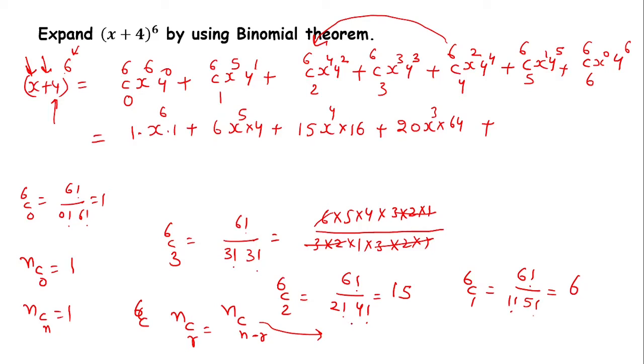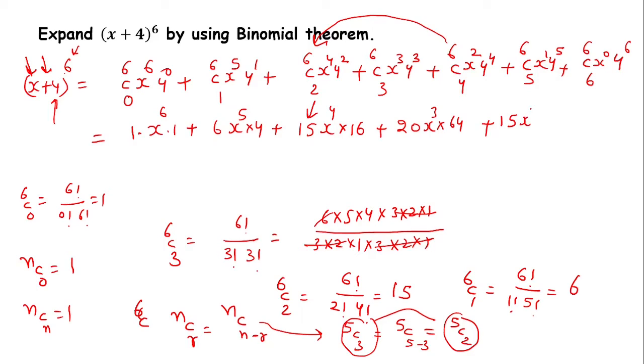If we have, for example, 5c3, then this will be equal to 5c(5 minus 3), which means 5c2. 5c2 is equal to 5c3. And if you don't want to remember this formula, you can write 6c4 and simplify this. That value will definitely come 15.